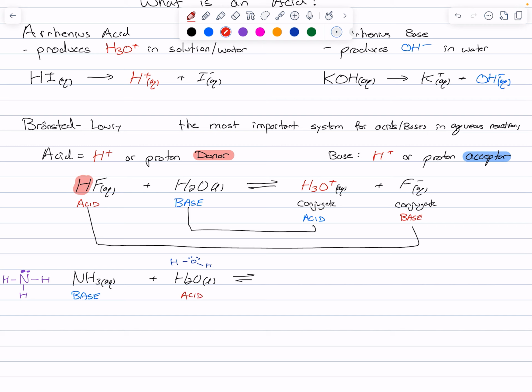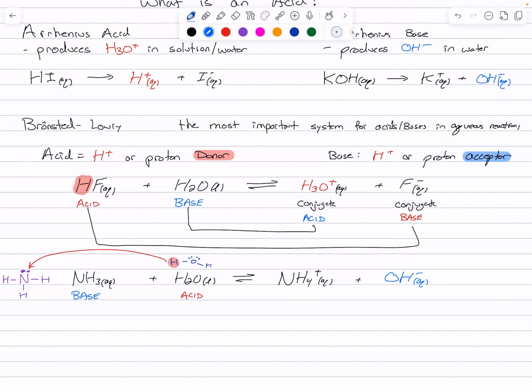All right? Because one of these H's, doesn't matter which one, they're symmetrical, is going to find its way to that lone pair. Right? So on the product side, you're going to get ammonium and hydroxide. Okay.